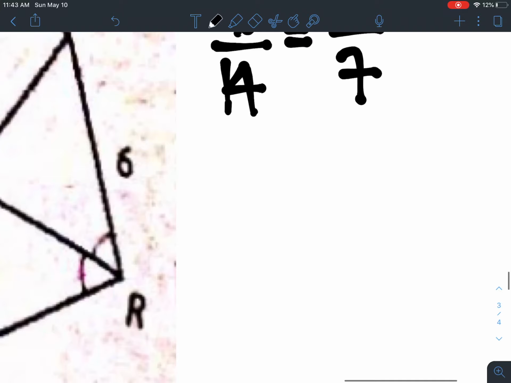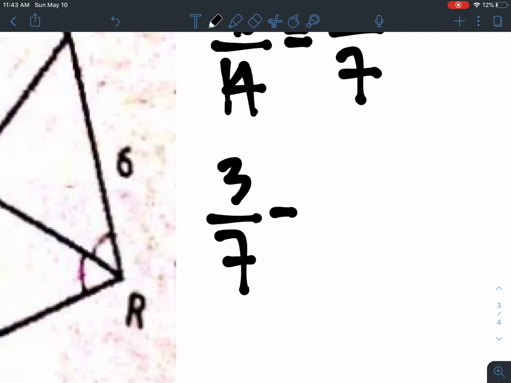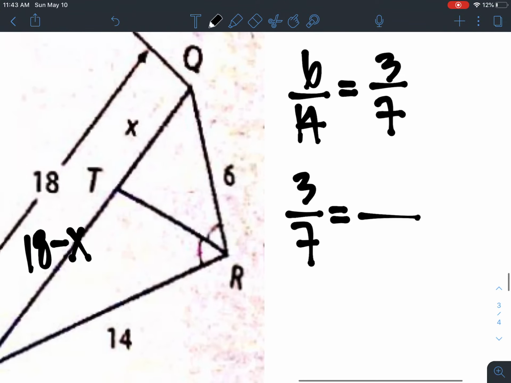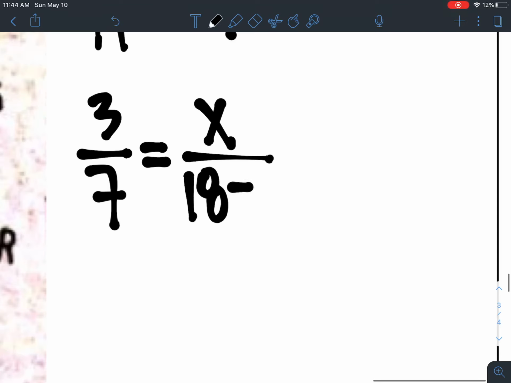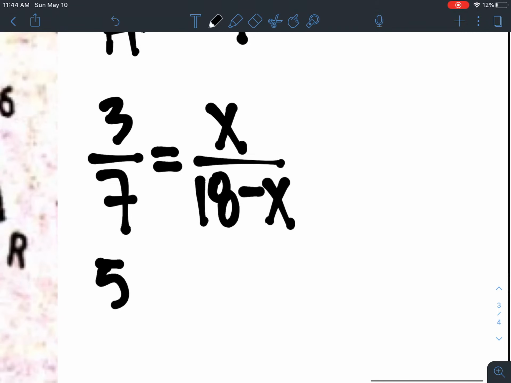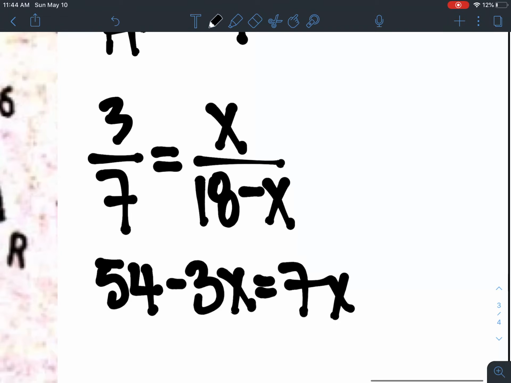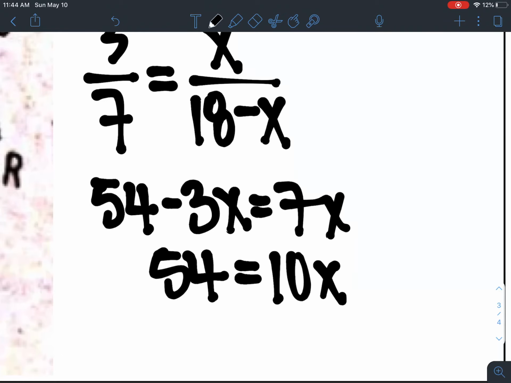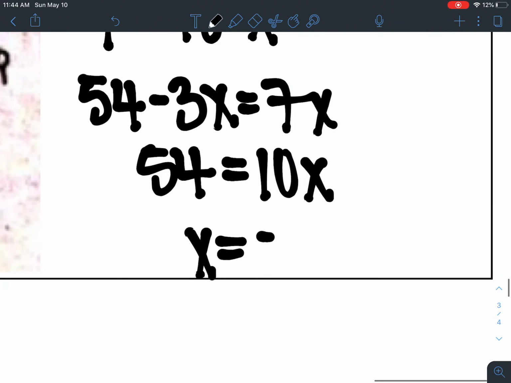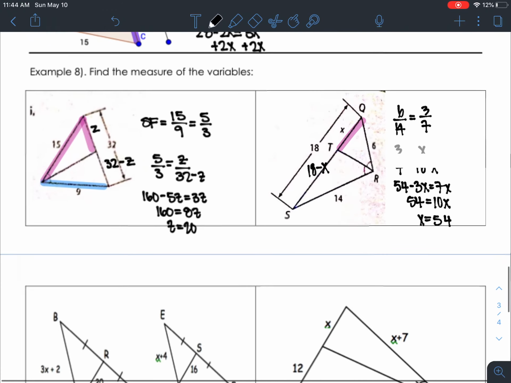So then I'm going to start with 3/7 equals, and then x is going to correspond with the 3, and then the 18 minus x is going to correspond with the 7. So cross multiplying, I'm going to get 54 minus 3x is equal to 7x. Add the 3x over, so 54 is equal to 10x, which means that x is equal to 5.4.